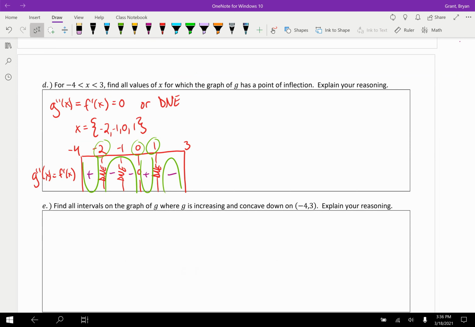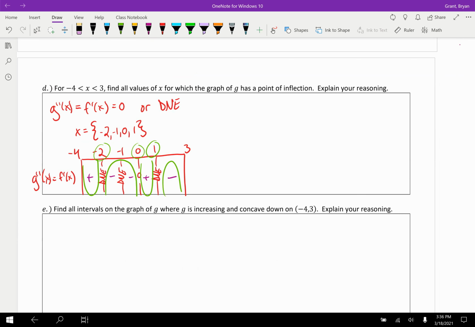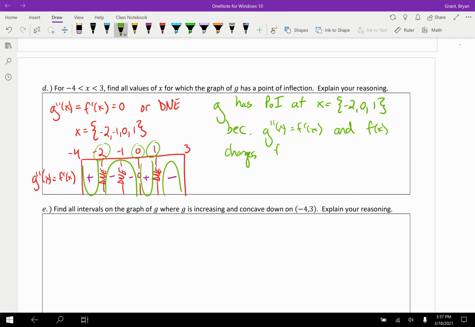How do we justify this? Well, we say something like: g has points of inflection at x equals -2, 0, and 1 because, and this is a little bit tricky here, I'm going to include this part, g double prime of x equals f prime of x and f of x changes, and this is the same as before, from increasing to decreasing or vice versa at x equals -2, 0, and 1.